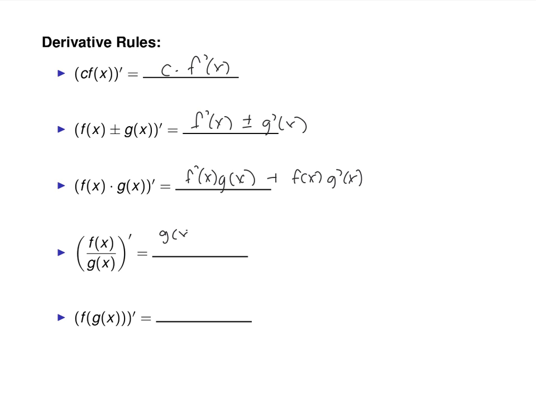So low d high minus high d low, all over low squared. Okay, and how about the last one? What rule is that? Chain. f prime of g times g prime of x.